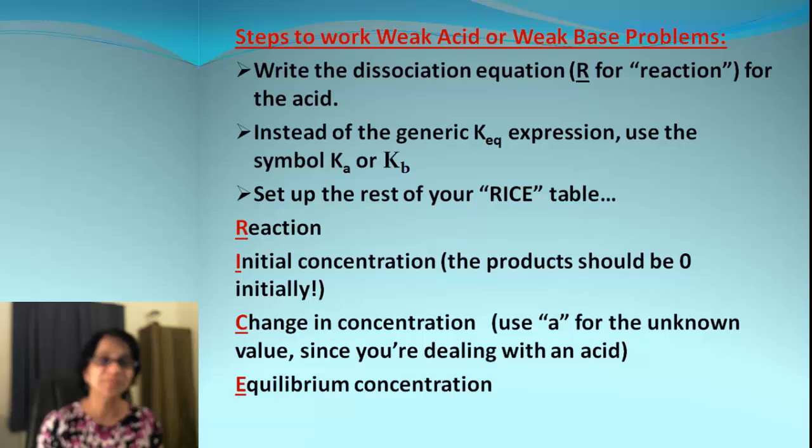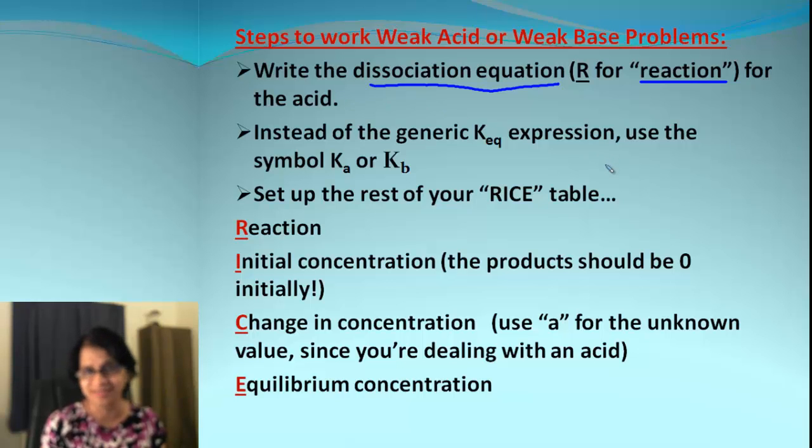Now what are the simple steps in solving the problems? The very first thing is you need to write down a dissociation equation or a reaction for an acid, or of course for a base. Second thing is, keep in mind, we are going to substitute for K equilibrium, Ka or Kb, the constant for acid or base.